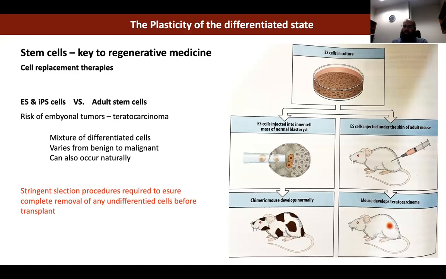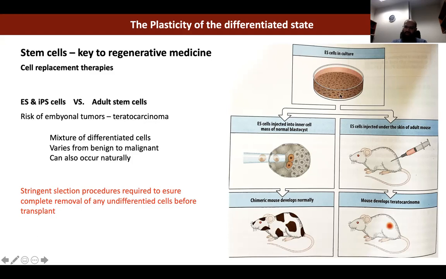This was demonstrated very nicely by an experiment where mouse embryonic stem cells were grown in culture in a monolayer, as you can see here, in a petri plate. They were then either injected into the inner cell mass of a normal blastocyst, or injected under the skin of an adult mouse. On the left side, when the mouse embryonic stem cells were injected into the blastocyst, it developed into a chimeric mouse, because these cells are from a different strain of mice.